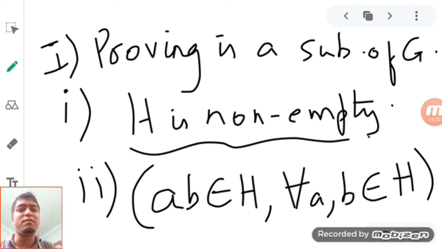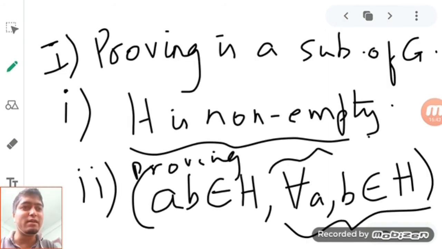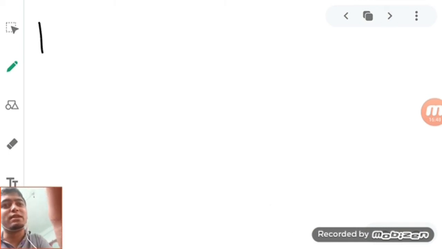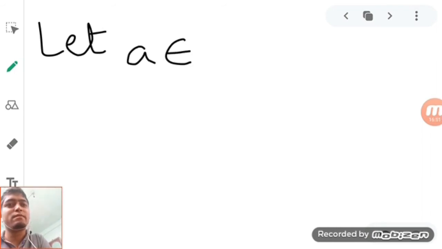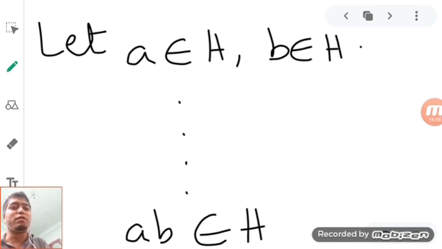Again, we start with: let a belong to H and let b belong to H. After a few lines, we will have to get ab belongs to H. But over here, we have to be very careful. In between a and b, there is a plus because the operation is plus. So after a few lines, we have to get a plus b belongs to H.